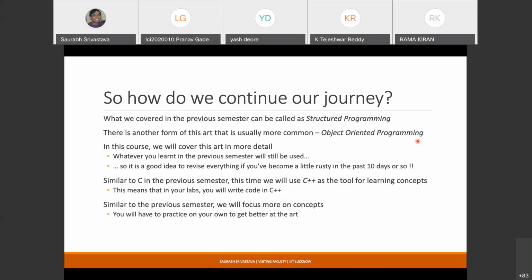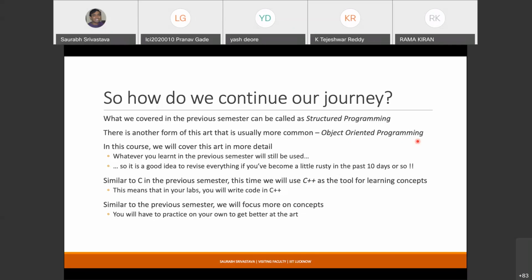This paradigm of building stuff is more popular and probably more intuitive also. When we start using it, you will understand that object oriented programming relates to the world around us in a better fashion.